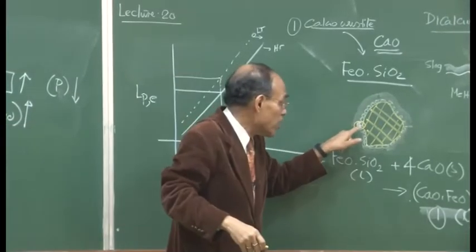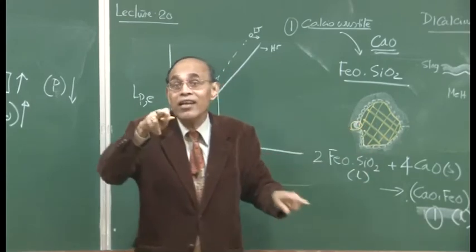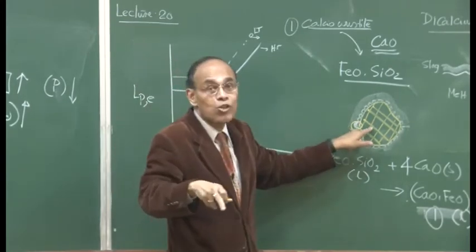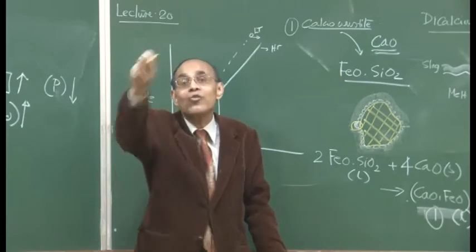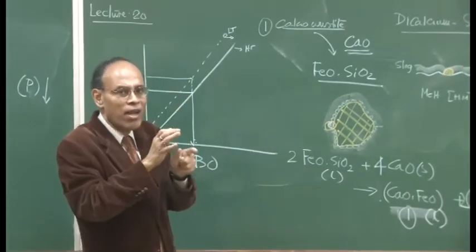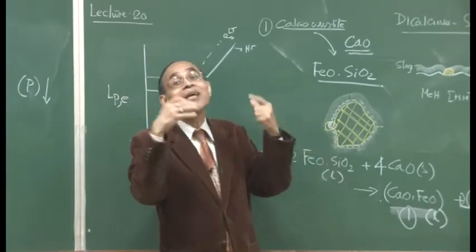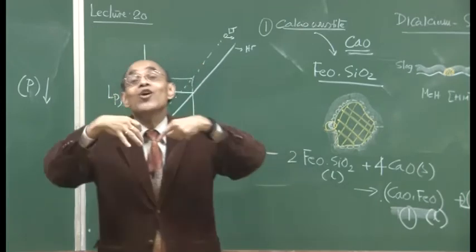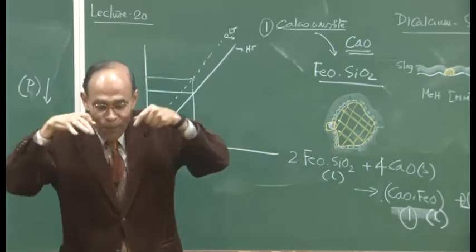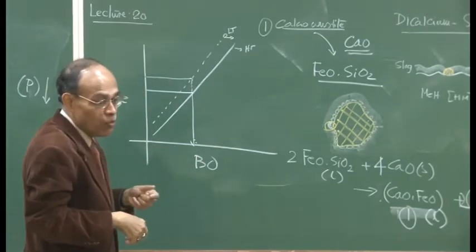But the moment you form solid here, this solid will have a tendency to sinter with the already existing solid, and an impervious coating may be generated around the lime itself. But if we can tailor our composition such that the resultant reaction gives us a liquid phase, then the lime is always going to be exposed to the liquid, and the progressive dissolution of lime will take place, making the slag more and more basic.